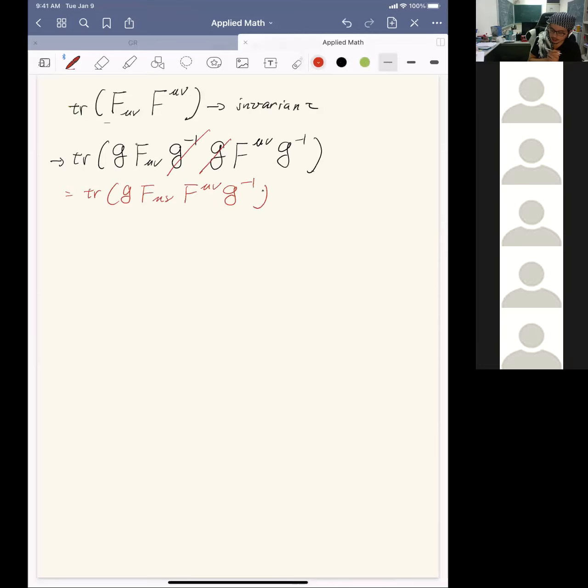Now this is still not obviously invariant. Can someone tell me why this is invariant? How does the G and the G inverse cancel each other? The cyclic invariance of the trace.